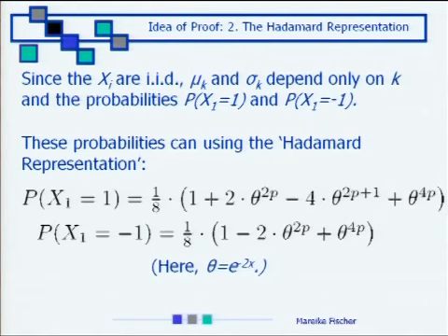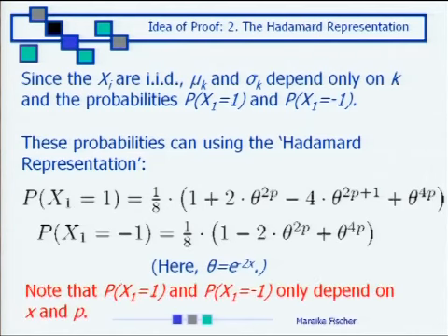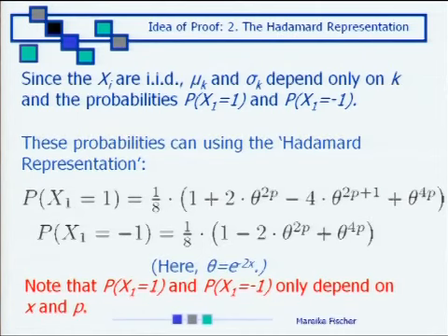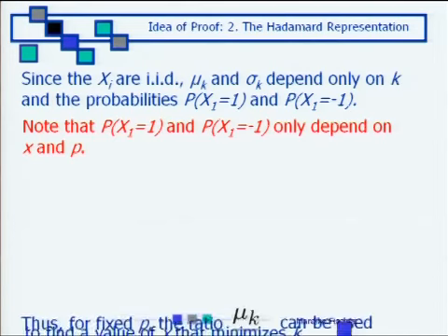Remember that x was the length of the interior branch of our tree, and p times x was the length of our pendant branches. Okay? So the whole formulas depend only on p and x, and the expected value and the standard deviation only depended on k and these two formulas.